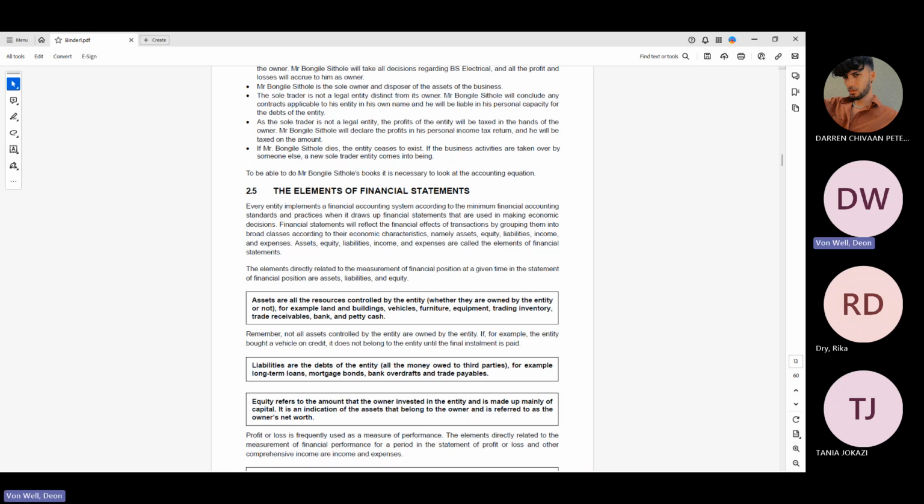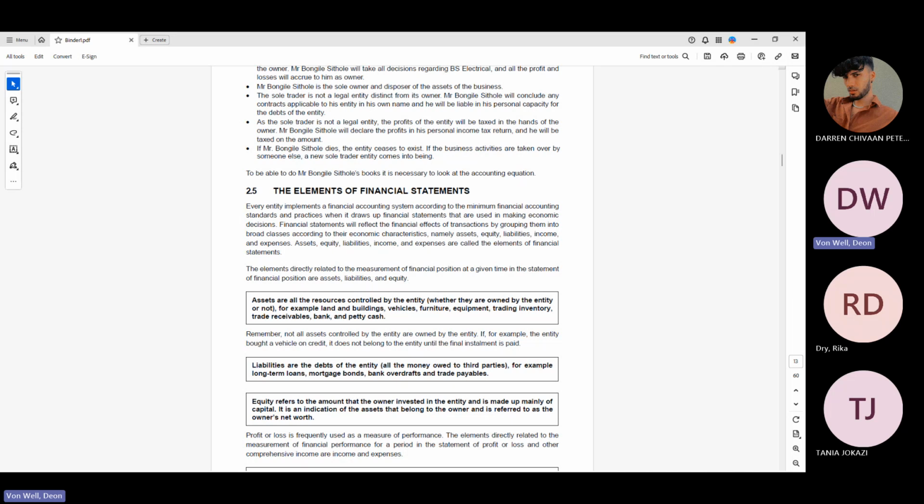But also remember, after a financial year, you need to prepare your financial statements, where you're going to prepare your statement of profit or loss and other comprehensive income, where you want to calculate your net profit for the financial year.